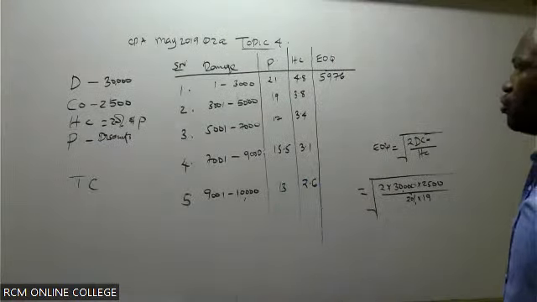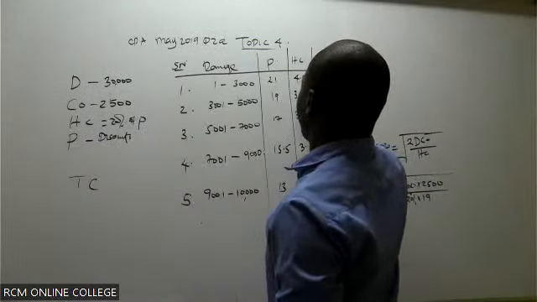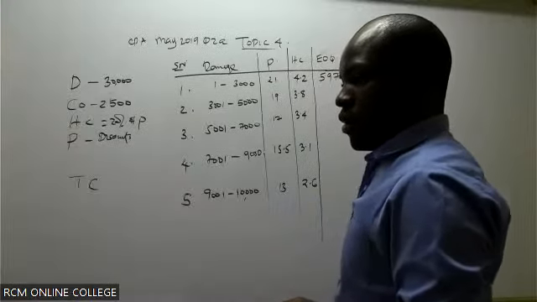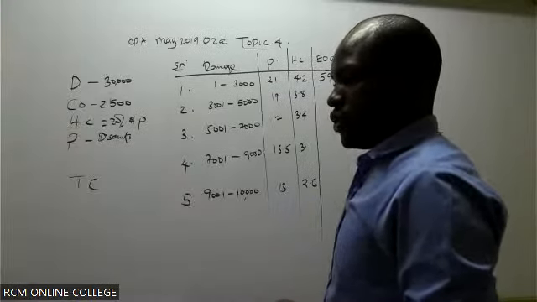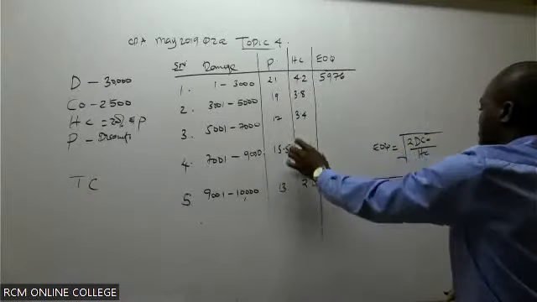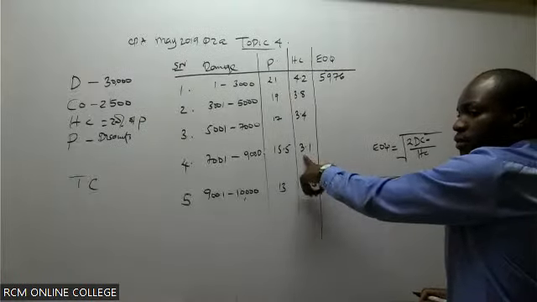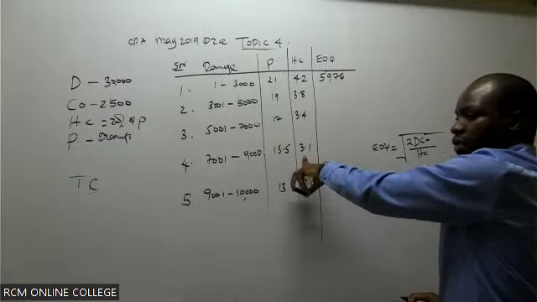Oh, here it is 4.2. I misled you a little. 20% of 21 is 4.2 for the first one. How about the rest? Are they right? Check for me this one here: 15.5 by 0.2.